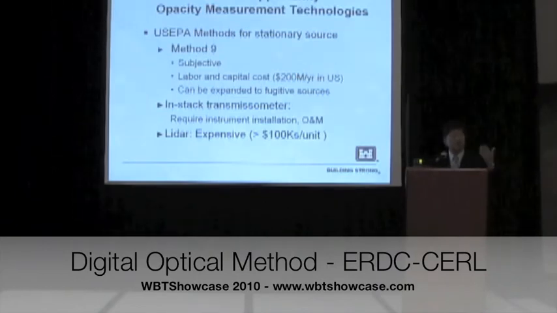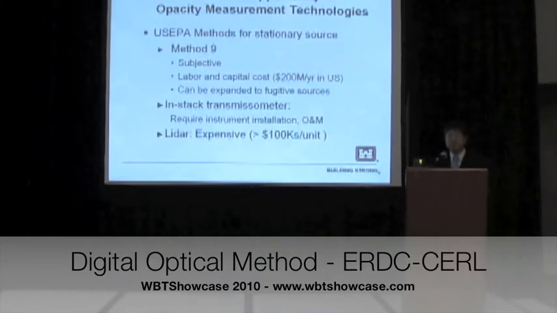You have to clean the transmissometer very regularly. So it's a very expensive measurement method. The third method may be the LiDAR, which is $100,000 or $150,000 equipment to measure plume. We can measure accurately, but it's too expensive.